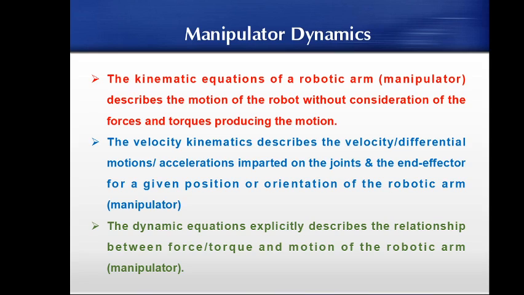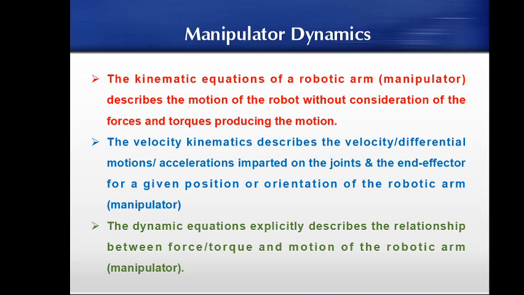We related these velocity or differential motions or accelerations imparted on the end effector with respect to the velocity or differential motions imparted on the various individual joints of the manipulator, so that we obtain the final desired position, the velocity, etc. And for this we were making use of the Jacobian matrix.